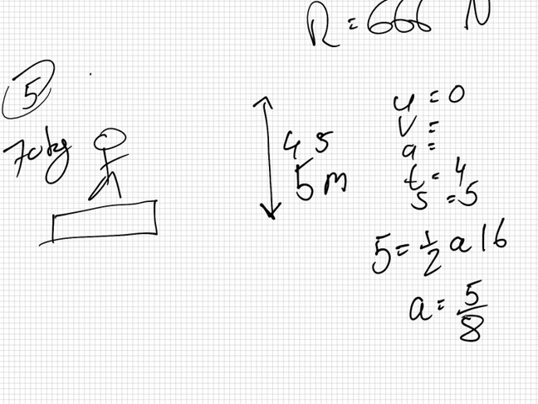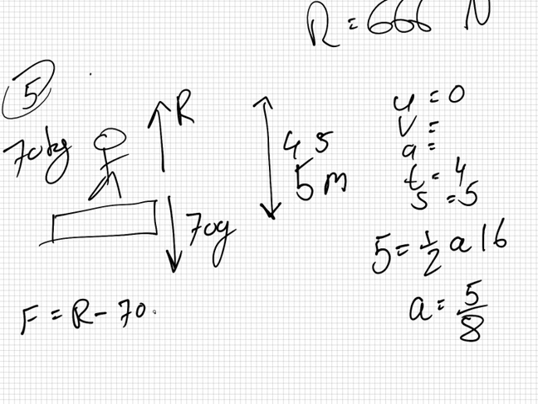So there's a force here, the reaction R, and there's a force here, 70g. Which is bigger? So you have F equals R minus 70g, so MA equals R minus 70g.